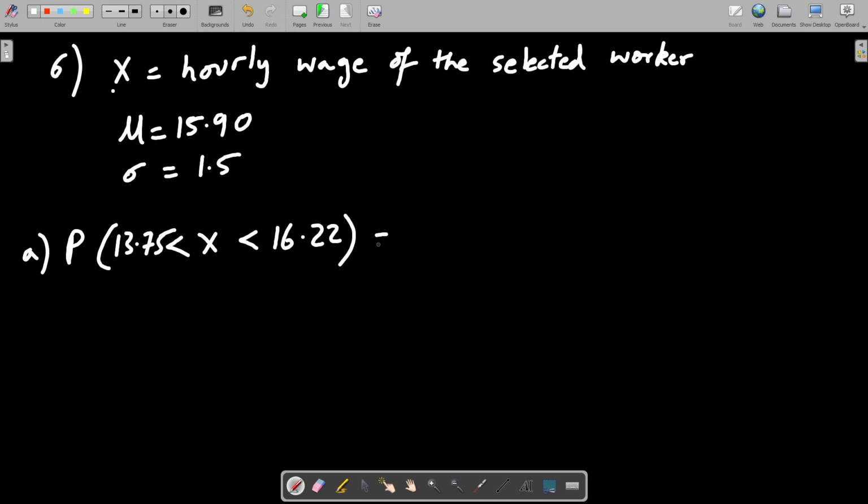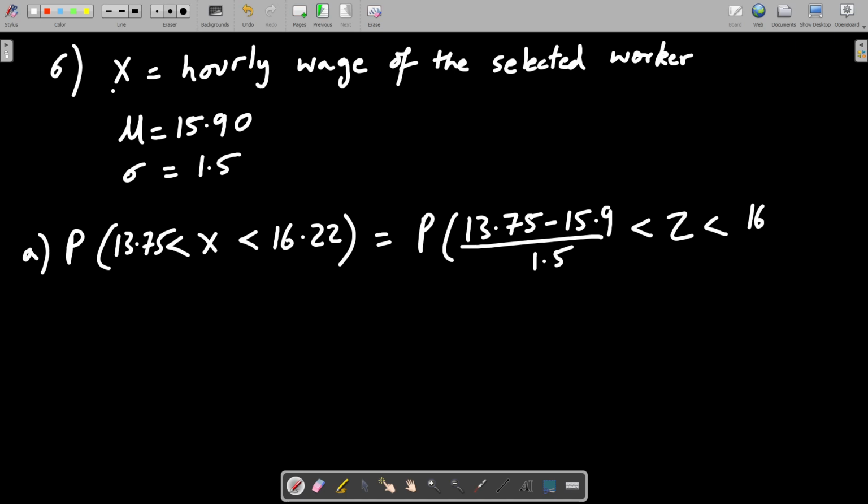So this is going to be the probability of (13.75 minus 15.9) divided by 1.5 less than Z less than (16.22 minus 15.9) upon 1.5.